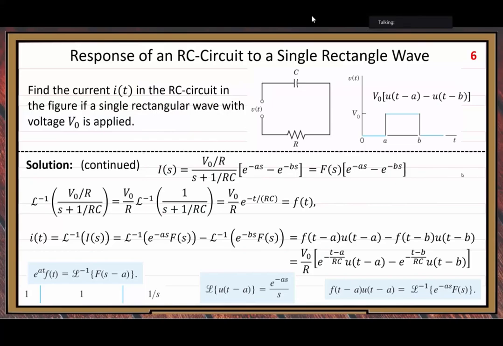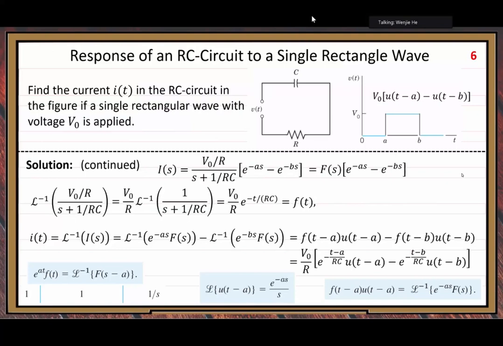Here you can see we use the two shifting theorems quite a lot. First you need to identify, based on the structure of the formulas. In one situation, you should apply the second shifting theorem. In the other situation, you should apply the first shifting theorem.